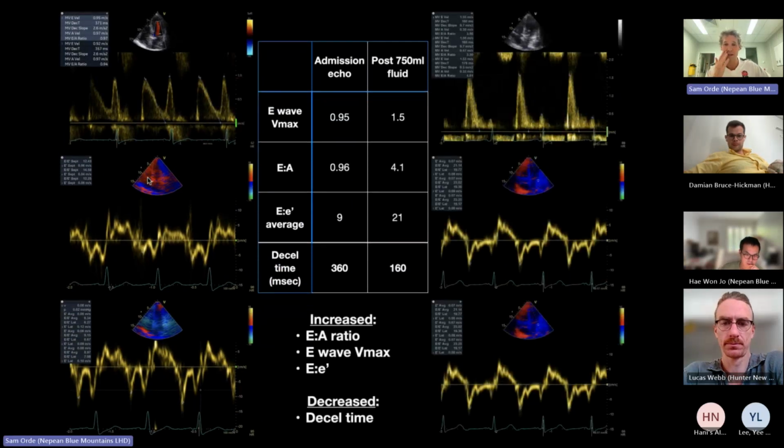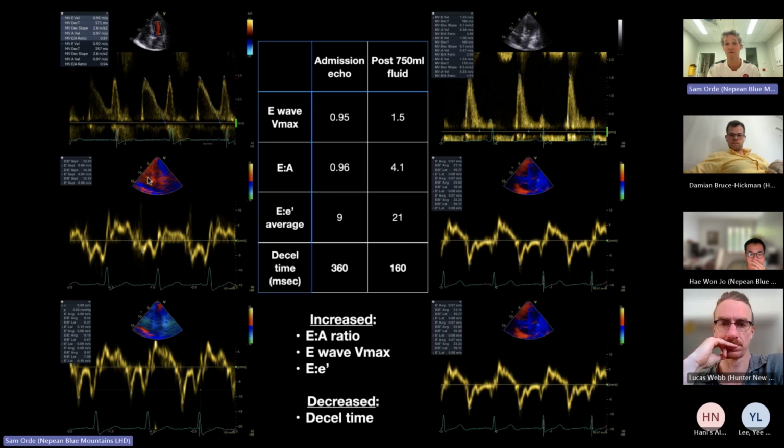We then gave her 750 mils of fluid, in 250 mil increments, and we saw this huge difference in her left atrial pressure estimates. I don't have a lot of evidence to back up some of this, but it's not subtle. I've gone from an E to A ratio of 1 to well over 2.